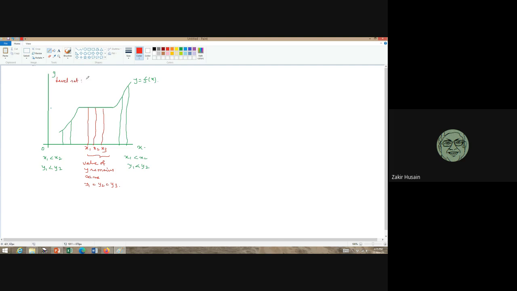It is the portion of the function where the functional value remains the same even when x changes. That is, for different values of x, the functional value remains the same.